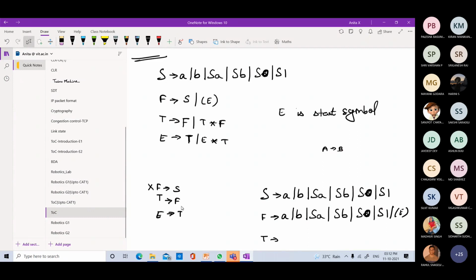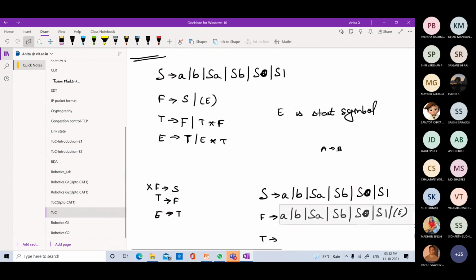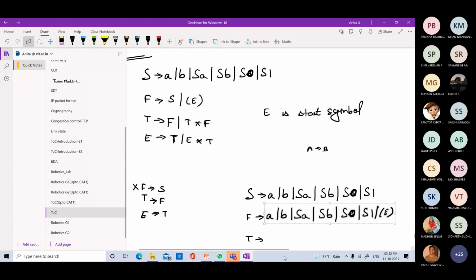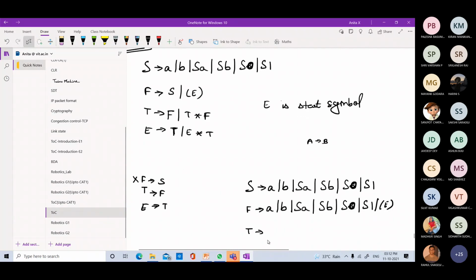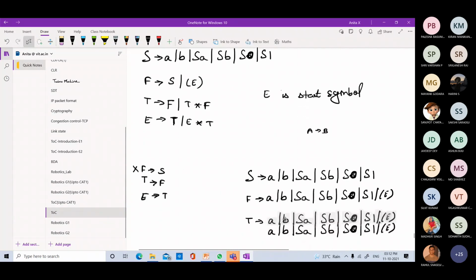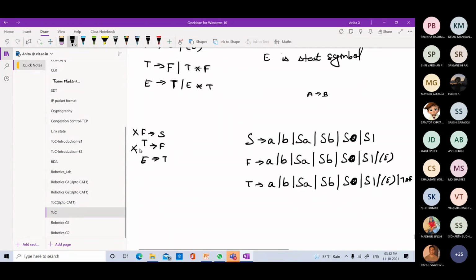All the productions of F should be placed here, including star F. So this we have eliminated.